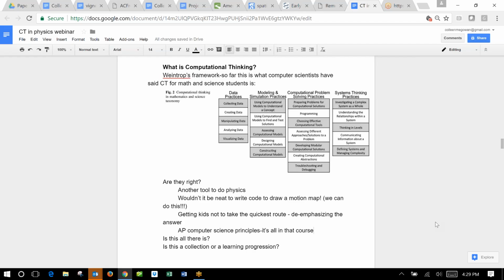They were already familiar with it, but I felt like there was a really different mindset between computer science teachers and physics teachers about why we use computational tools. Would you agree?